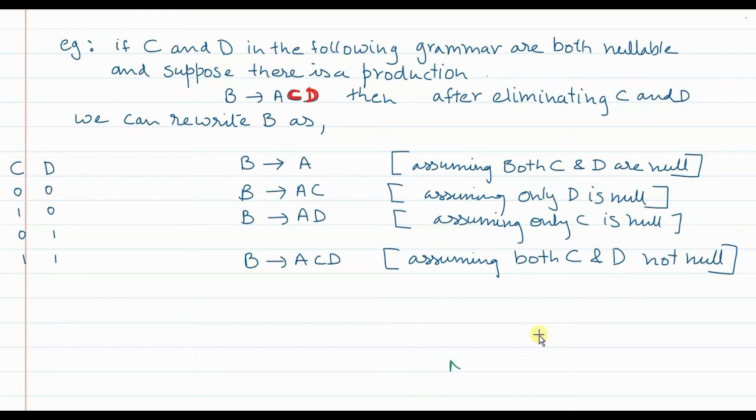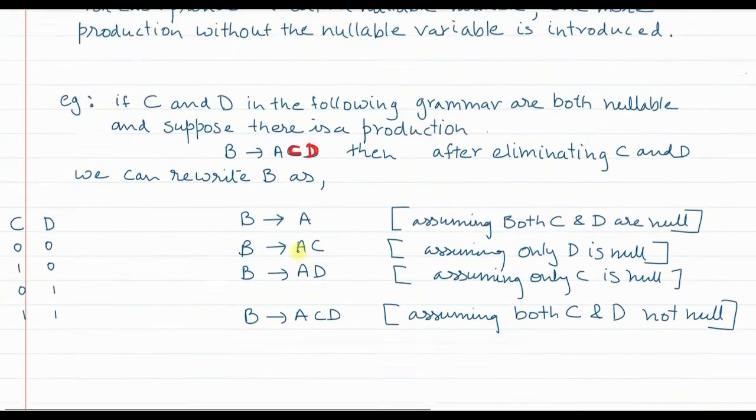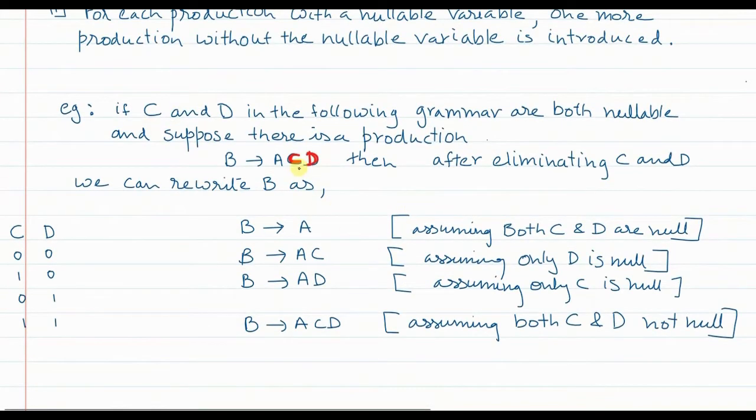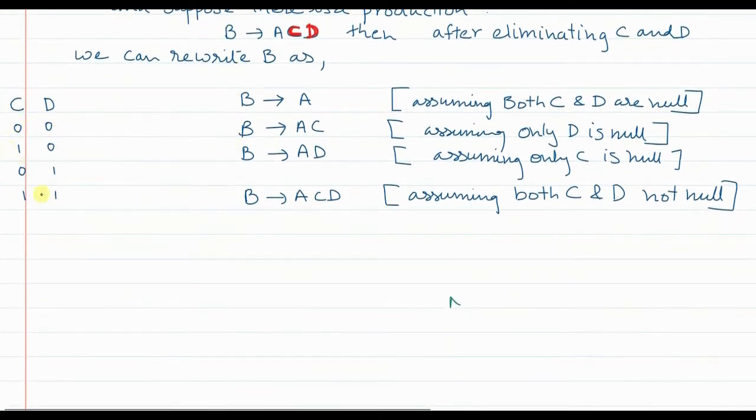Whenever we rewrite a production that contains nullable variables, we have to consider these combinations. So how can the old B production now be rewritten?